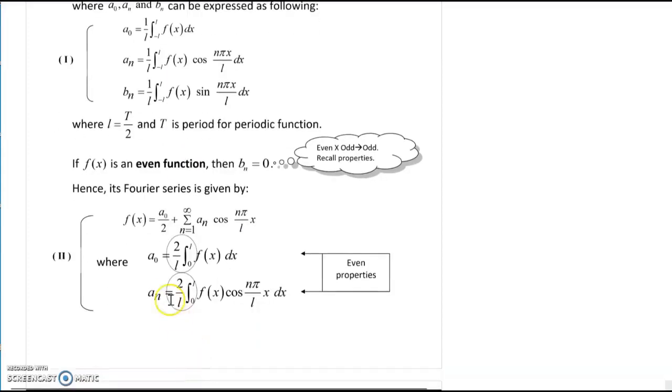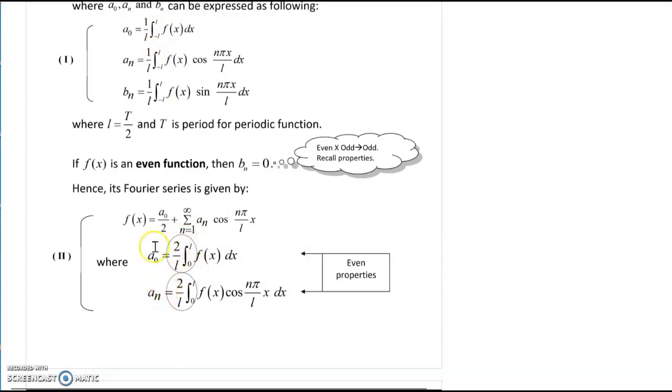So a naught now is the integral from 0 to L, multiplied with the 2. Over here we have 1 over L in front, so we have 2 over L. In general it is negative L to L; here it is from 0 to L, but we need to multiply with the 2.